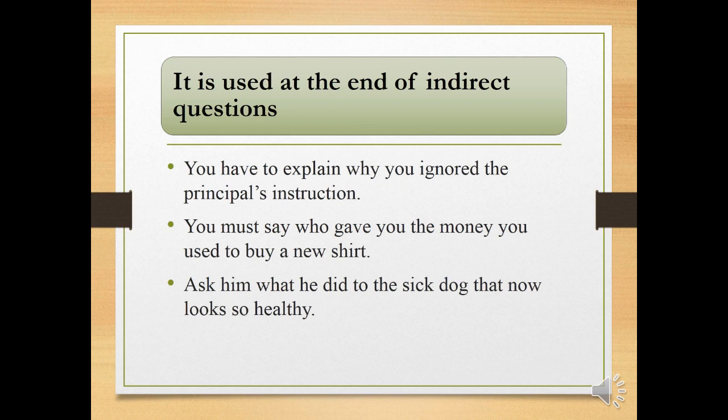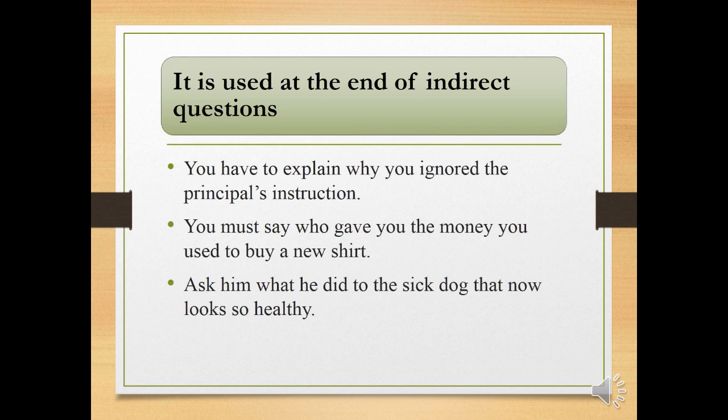The first one, you have to explain why you ignored the principal's instruction. That could have just been, why did you ignore the principal's instruction? The second example also, you must say who gave you the money you used to buy a new shirt. When you remove the first three words, you must say, you have the question, who gave you the money you used to buy a new shirt?